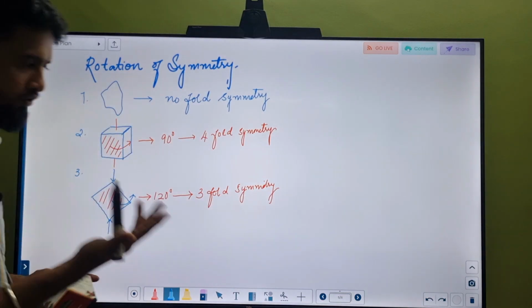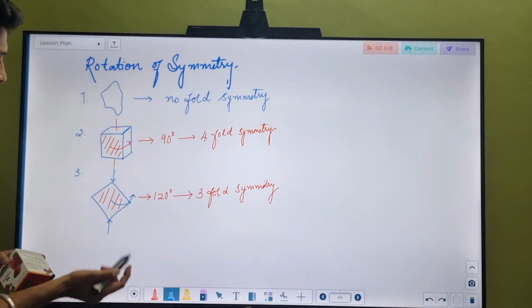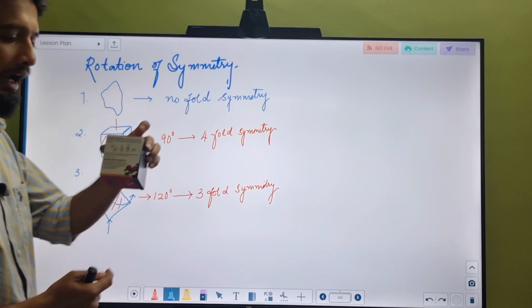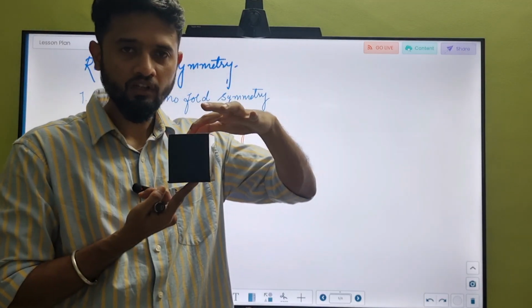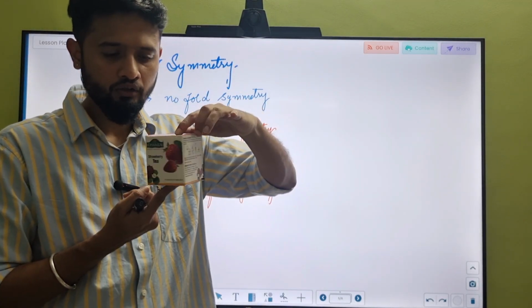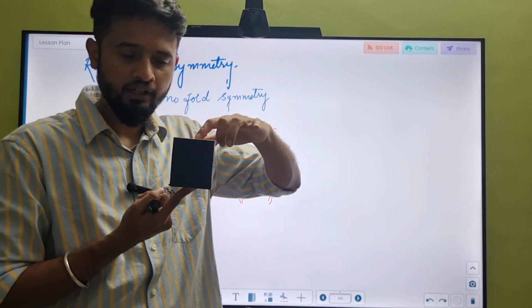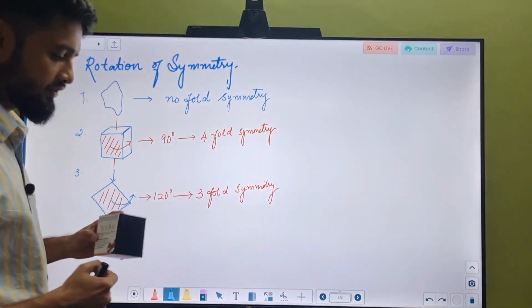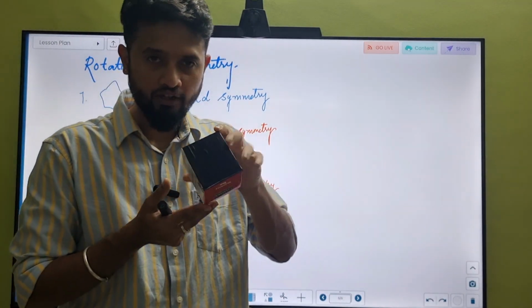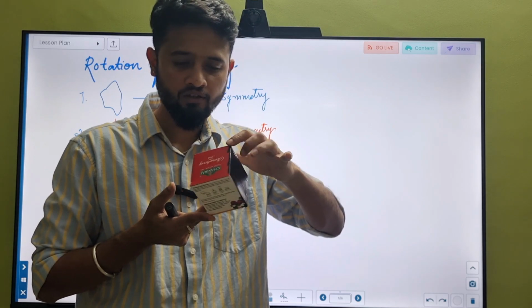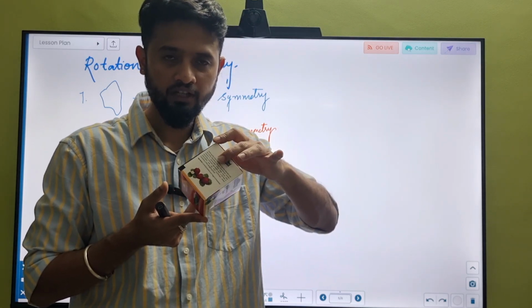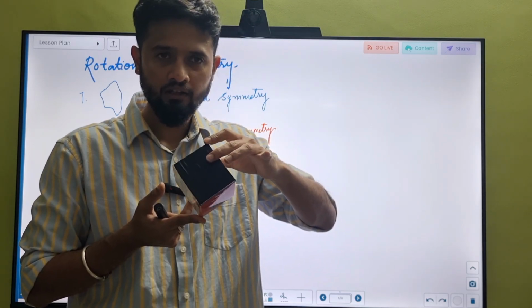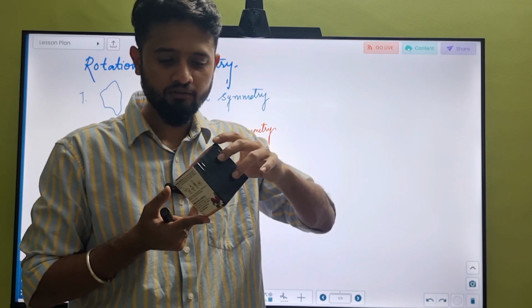If there is no form, then no fold of symmetry. Then if we hold it along the faces, we'll get 1, 2, 3 and 4-fold symmetry.